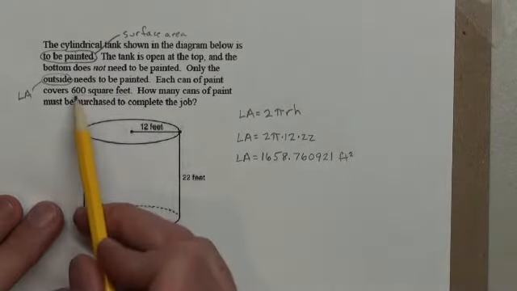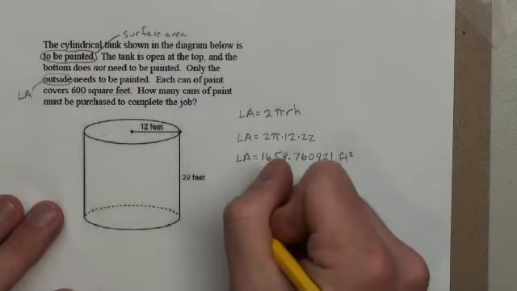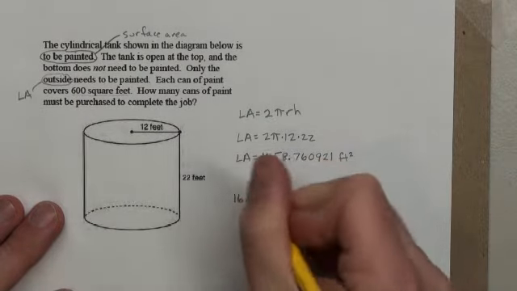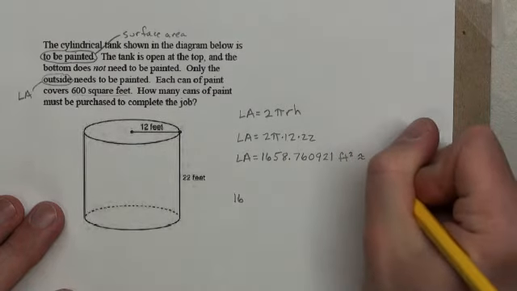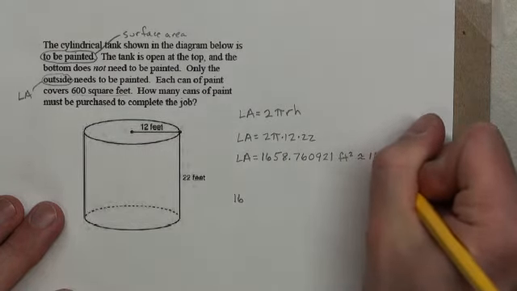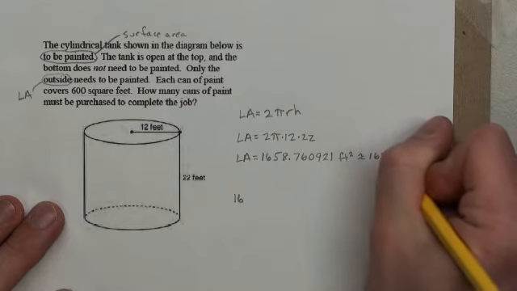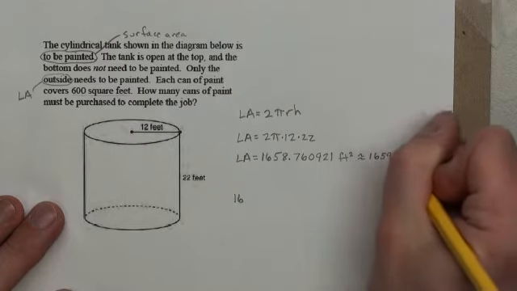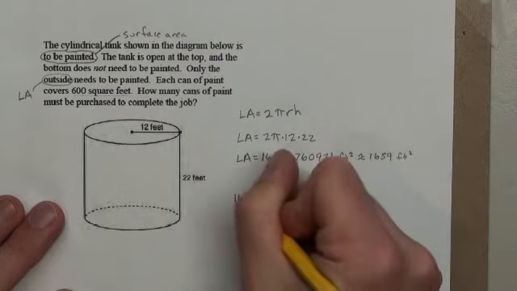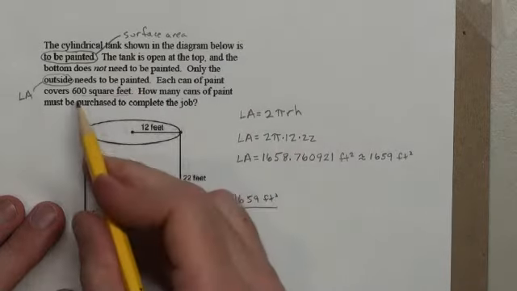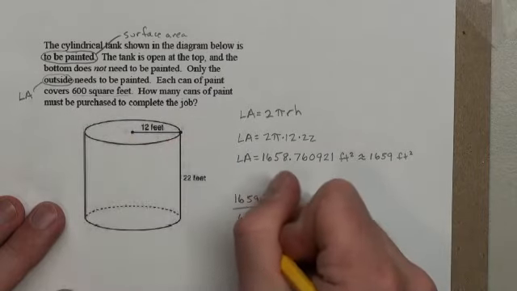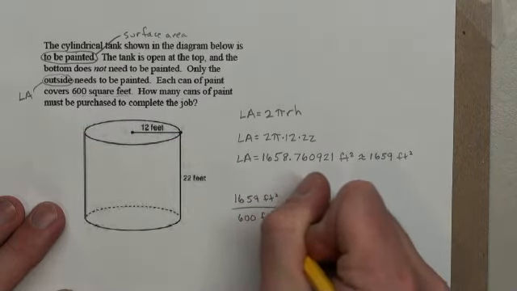Each can does 600. So if I take that total, I'm going to actually round it, so which is approximately 1659 feet squared. So 1659 feet squared divided by 600 feet squared, that's what square feet is, by the way, feet squared, right?